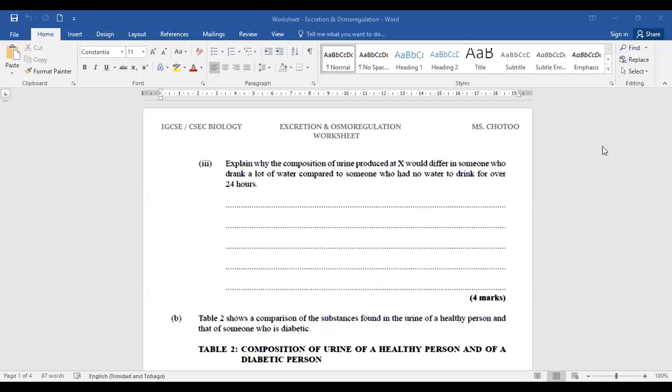Okay. So what happens is that we want to know about the composition of urine. When we talk about concentration of urine, we mean whether it's highly concentrated or dilute. So urine that is concentrated is a lot more yellow.